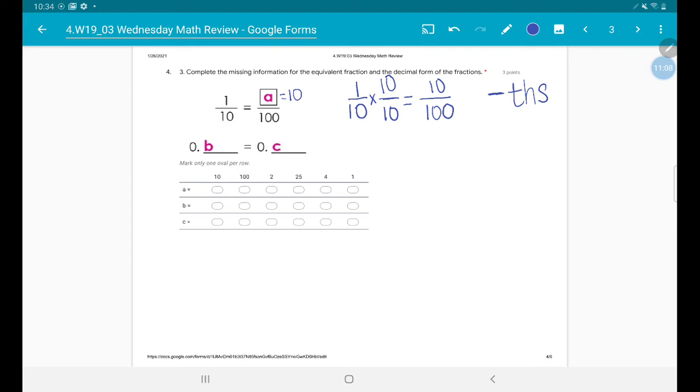So after tenths, the next smallest place value is going to be hundredths. There's that THS at the end to tell me that it's smaller than a whole. What do you think might come after hundredths? Thousandths. You're exactly right.